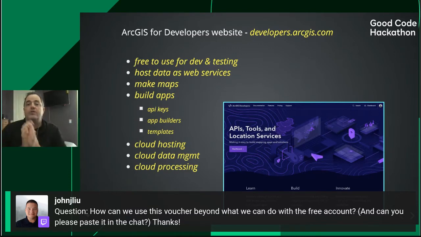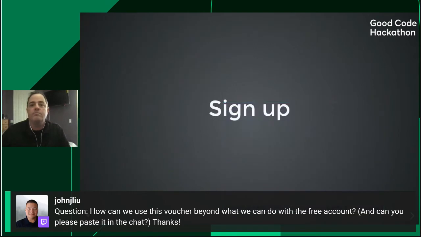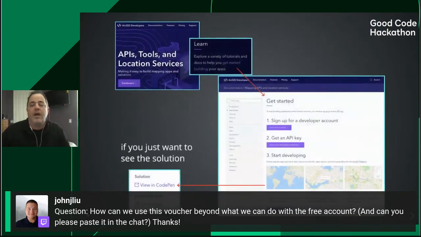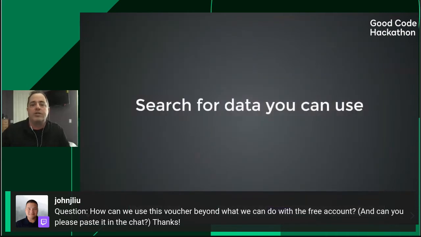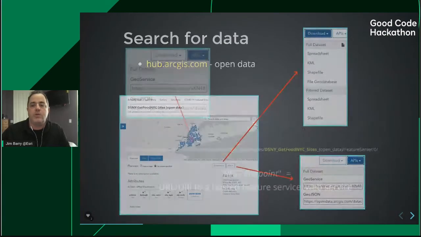That free account is a special developer/cloud account. You can do the cloud storage, you can create services, and it's on this developer free account that you can use the voucher code. The public free account, you can't. Please get your account through the developer website, and then you can use the voucher. I know that's a little confusing, but I just want to be sure. Just go to developers.arcgis.com and you can get that there.